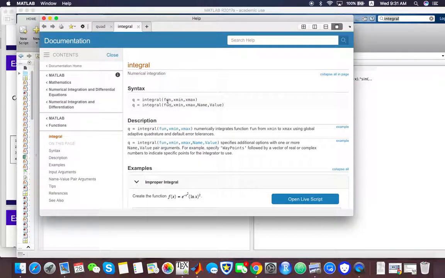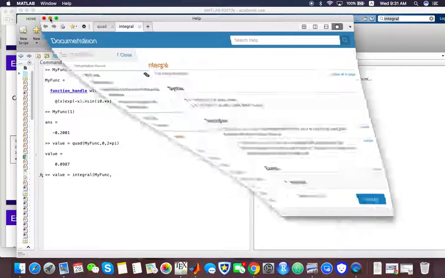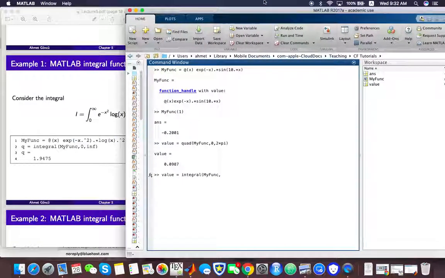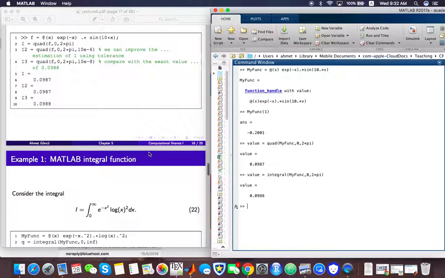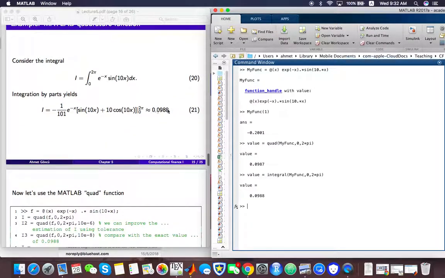We have the function as the first argument, and the minimum and maximum values for the integration, just like the quad function. So we can just input 0 to 2 pi. We can see that this one even gave us a closer result to the true solution, which was exactly the same as this number here.